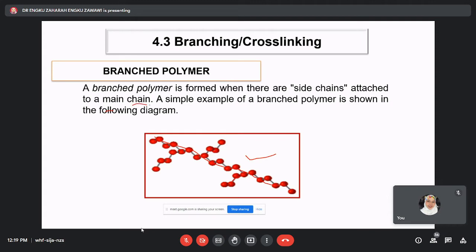A simple example of a branched polymer is shown in the following diagram. So we have the main chain, and the sides are the branches. It is like a tree, with a main trunk and then branches.